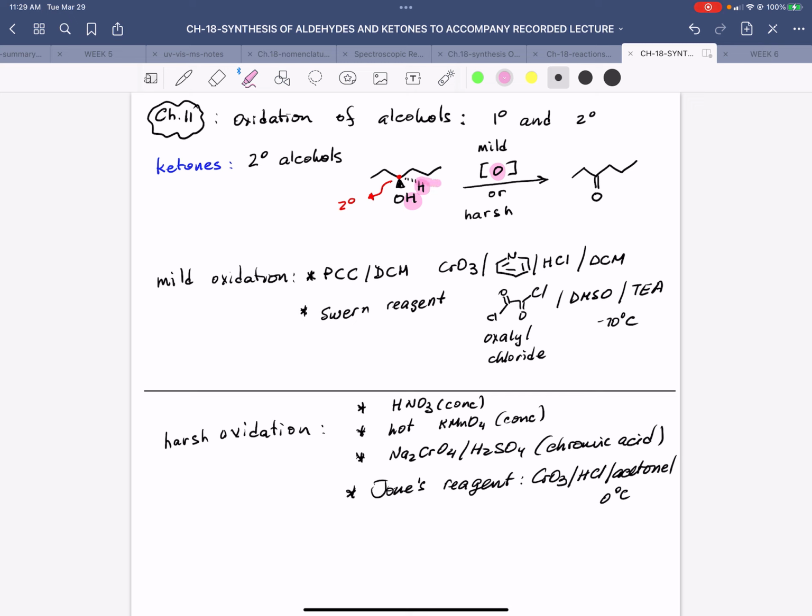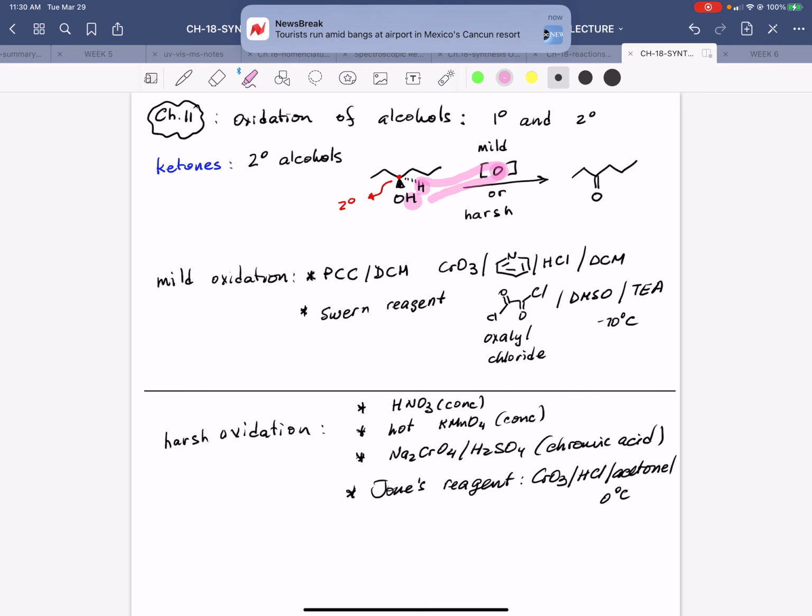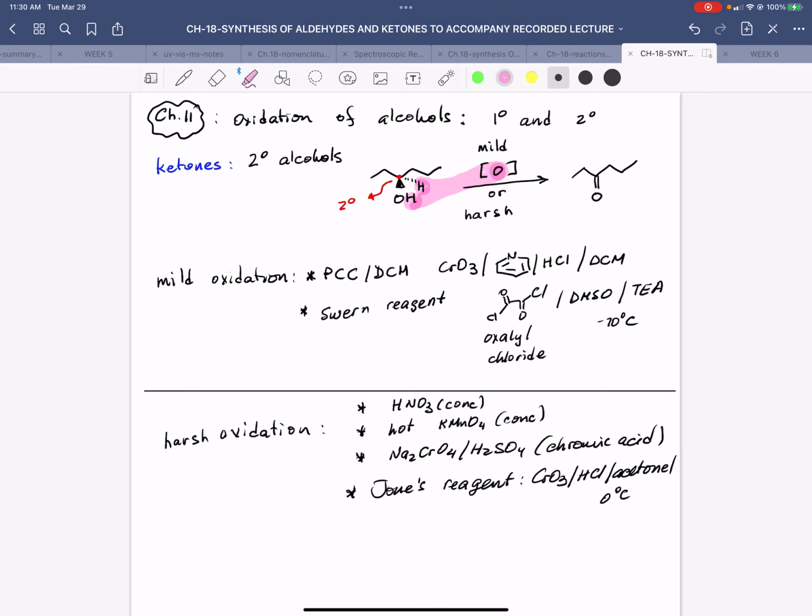And that pairing with the oxygen of the oxidizing reagent would give us a product. Okay? Now, this is a setting for oxidation of secondary alcohols. They will make ketones.